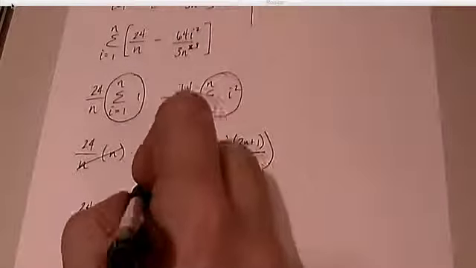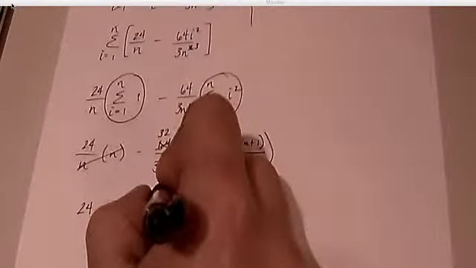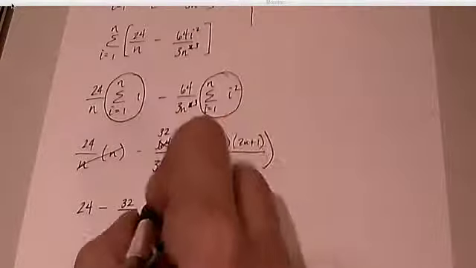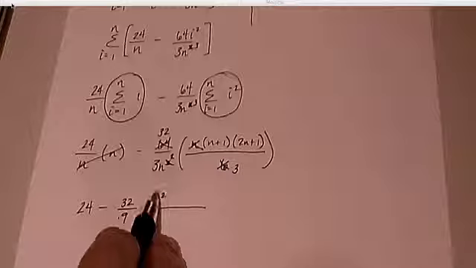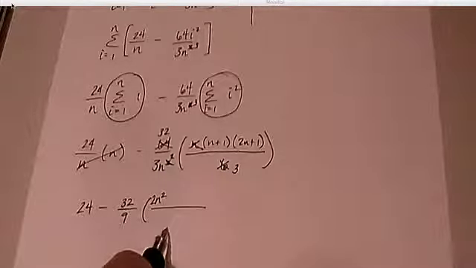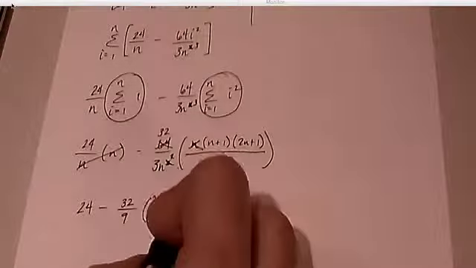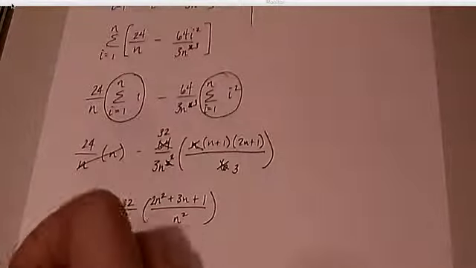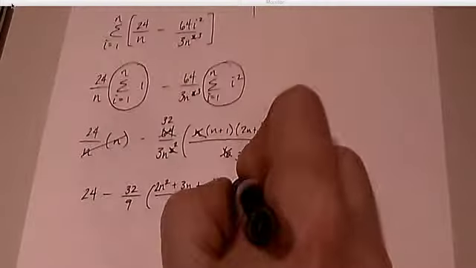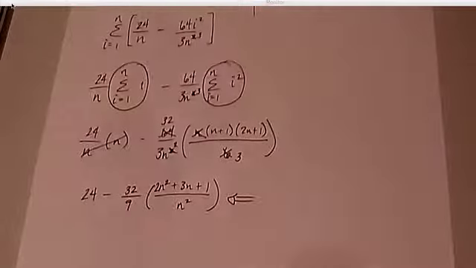If you get down to here and you recognize the fact that this expression in here doesn't have the same degree in the numerator and the denominator, you've messed up somewhere. Plus 3n plus 1 over n squared. Now, I've simplified it all the way down to this, and that's just about as far as I can simplify it.